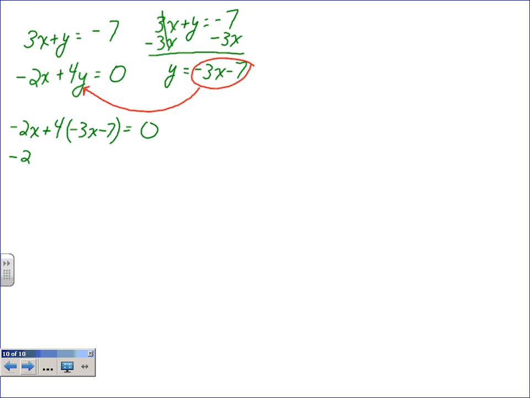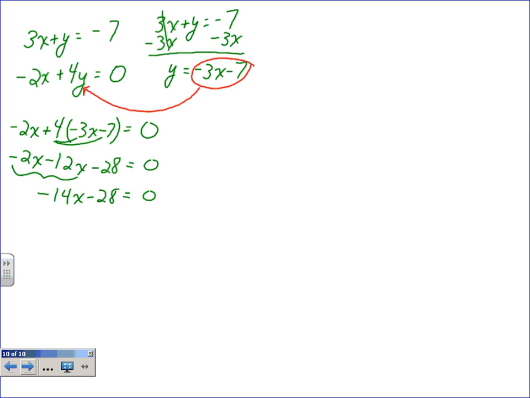So negative 2x, and let's distribute. 4 times negative 3x is negative 12x, and 4 times negative 7 is negative 28, equals 0. Follow me so far? Negative 2x minus 12x is negative 14x minus 28 equals 0.